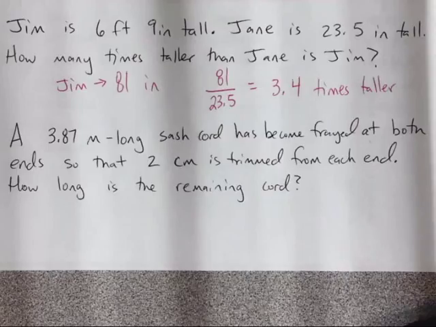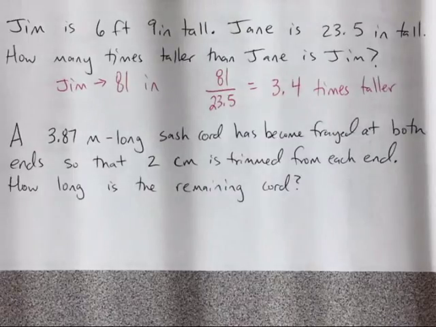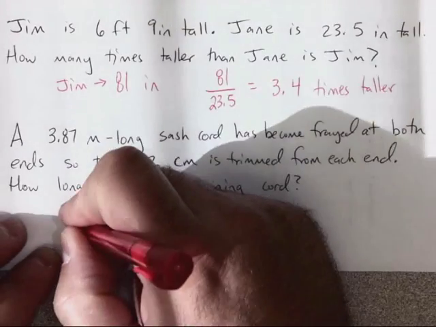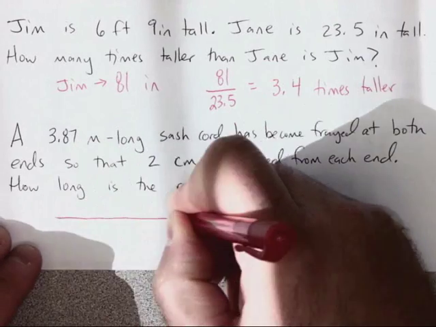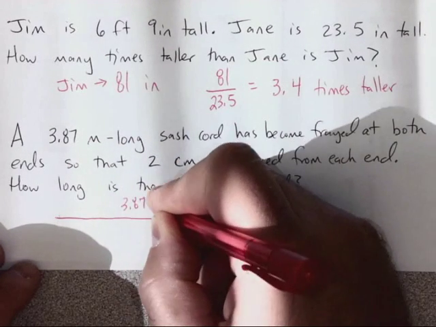All right, here's another problem that students sometimes get confused about. A 3.87 meter long sash cord has become frayed at both ends, so that 2 centimeters is trimmed from each end. How long is the remaining cord? If you want to draw the sash cord, you could certainly do that. It's 3.87 meters.